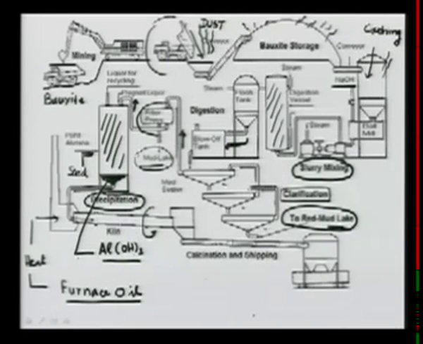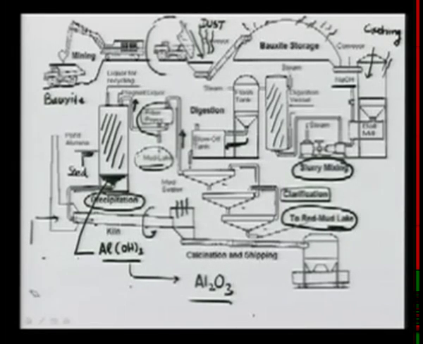So in the kiln the heat is supplied, so aluminum hydroxide breaks down, or rather gets calcined to Al2O3. But the moment we are firing a fuel, there are emissions here. And what are these emissions? Because our focus here is to understand the air pollution aspect. Because you are firing the furnace oil, this can give a large amount of particulate matter.